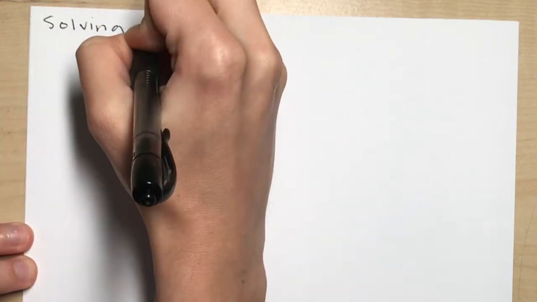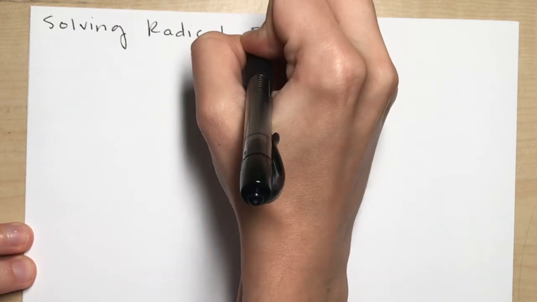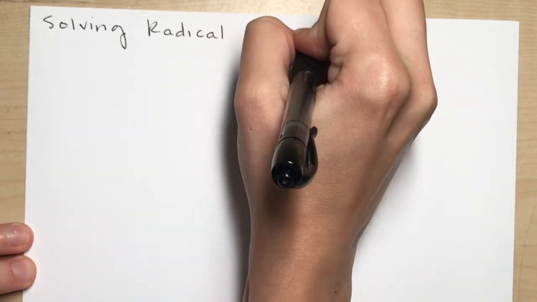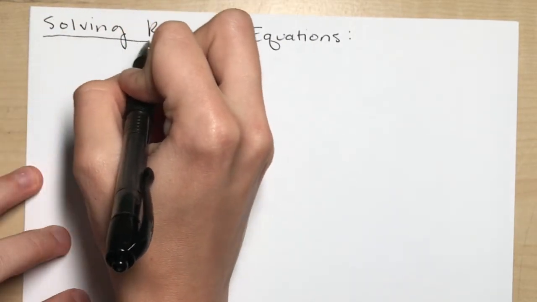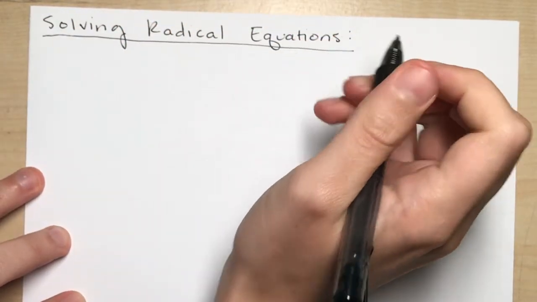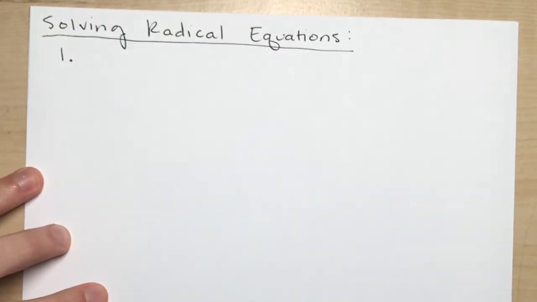Okay, I would like to continue on to talk about radical functions and how to solve equations with them. So, solving radical equations, this is going to be very similar to a lot of the stuff we've done this semester.